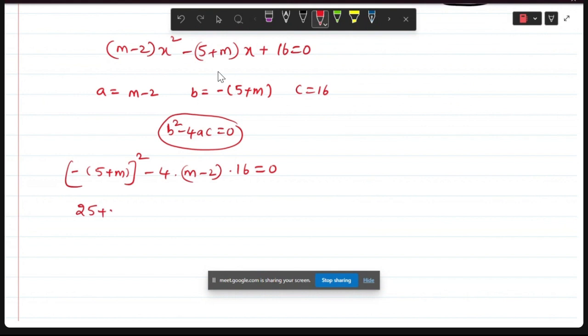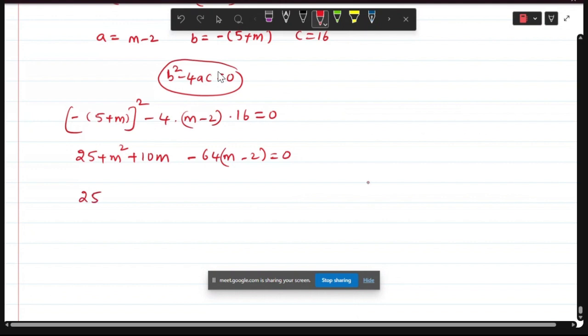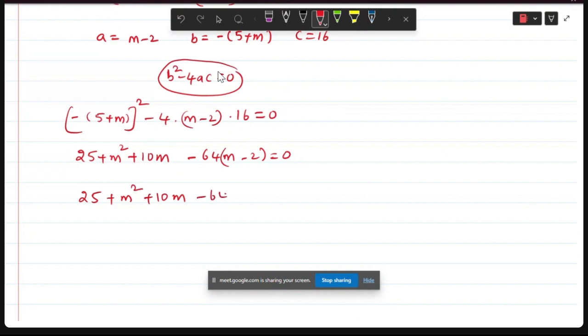So 25 plus m square plus 10m minus 64 into (m minus 2) is equal to 0. 25 plus m square plus 10m minus 64m plus 128 is equal to 0. First write the m square value. 64m minus 10m is what? Minus 54m.